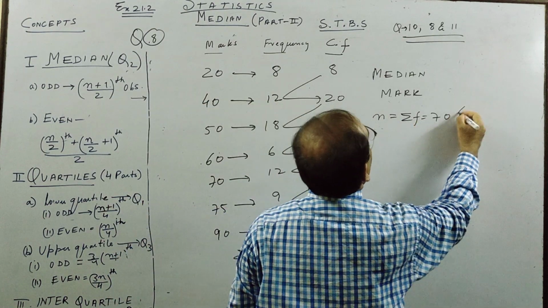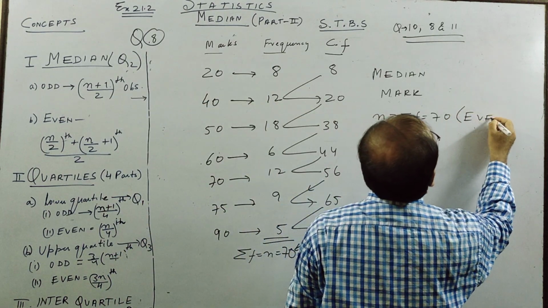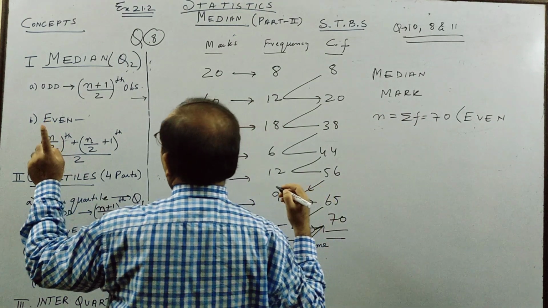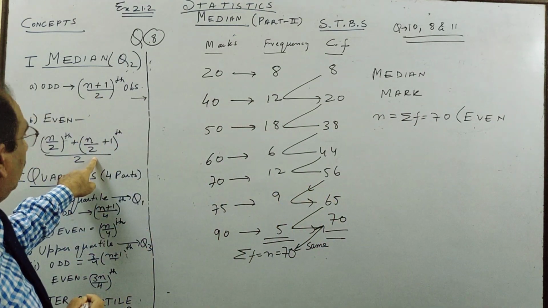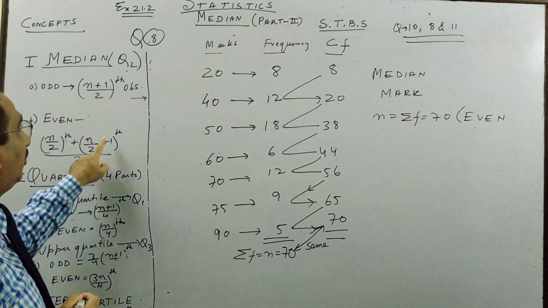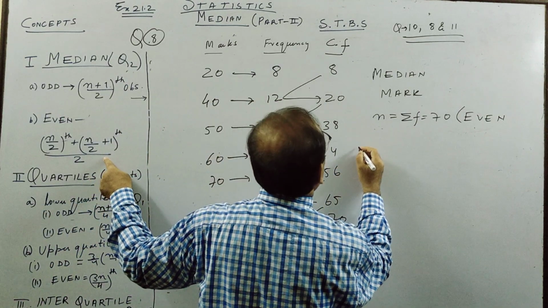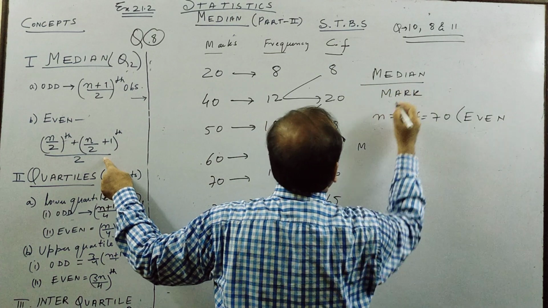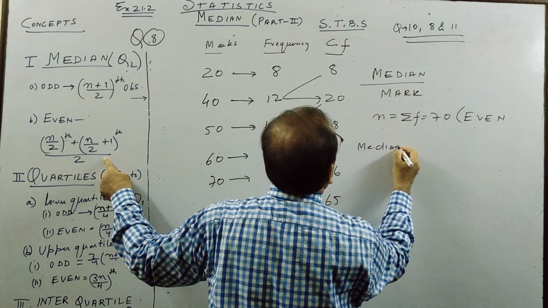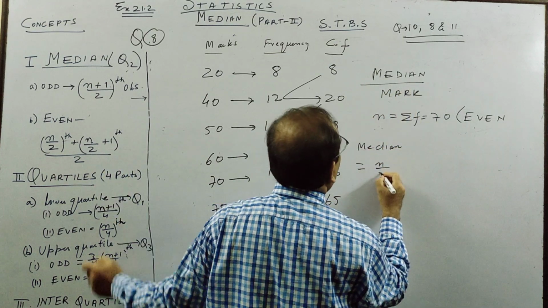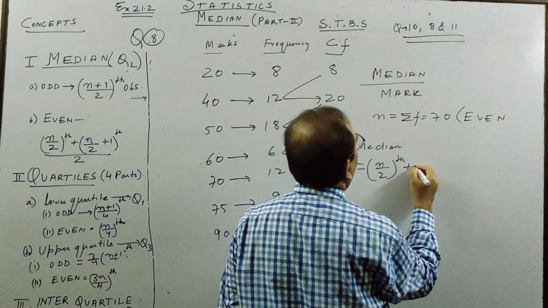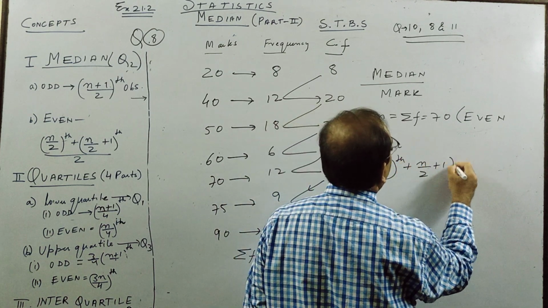So it is even. Even means, children, again we will use this formula. First one was odd, second even, means we will have median is equal to nth by 2 plus nth by 2 plus 1.